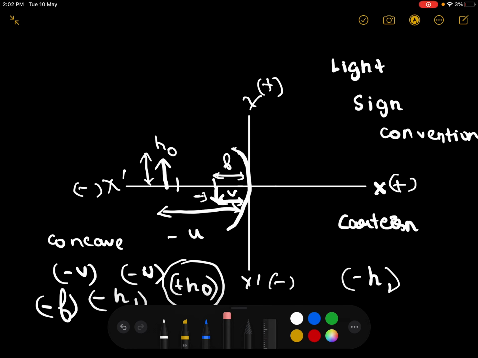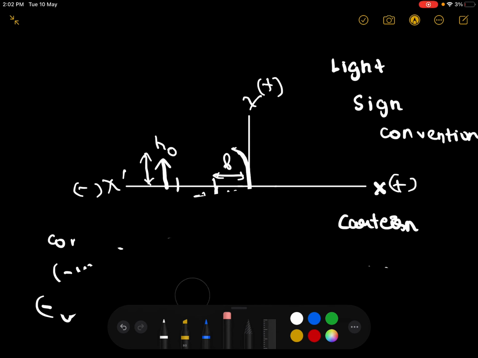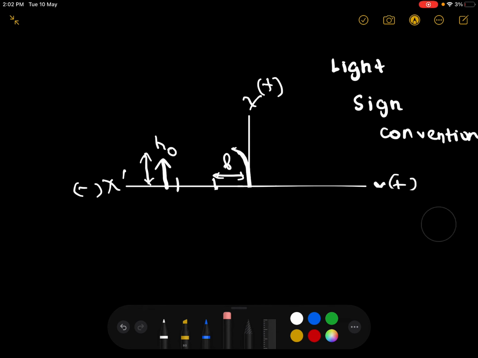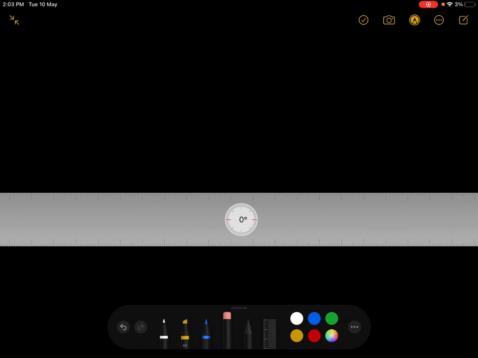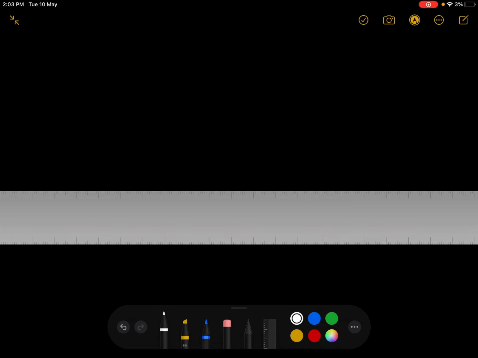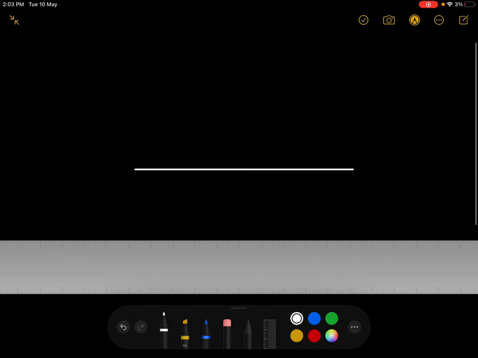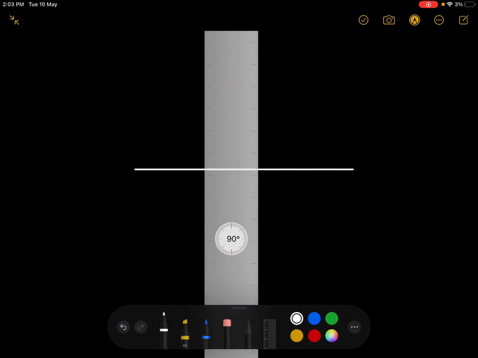Now let's take a look at the convex mirror. We should draw the same axis to understand the Cartesian plane. The Cartesian plane is very important.